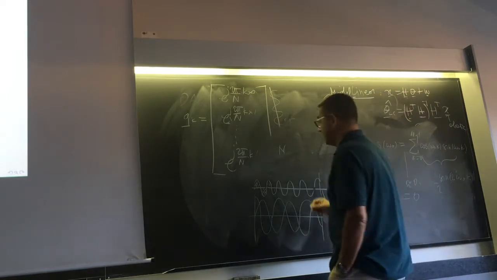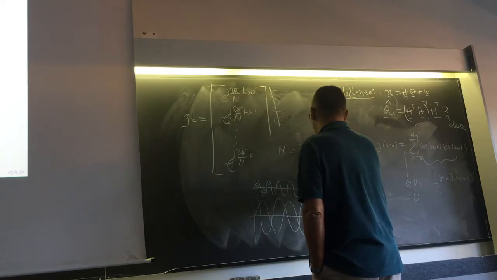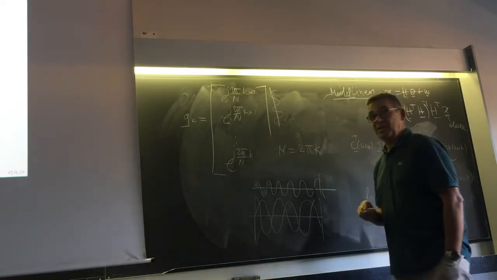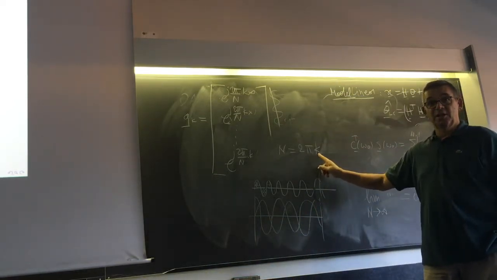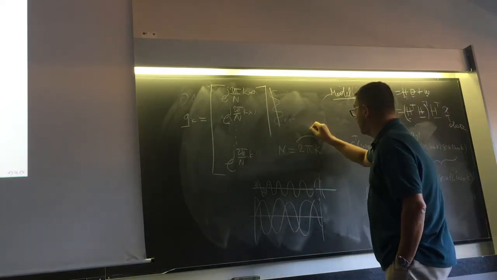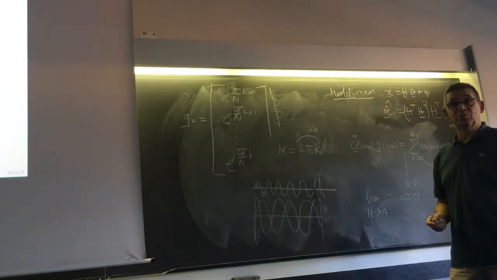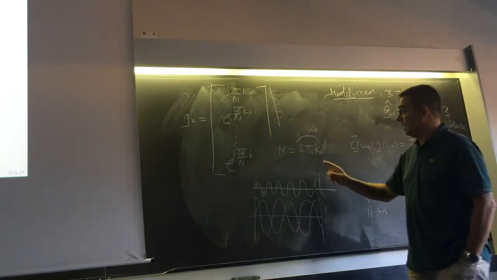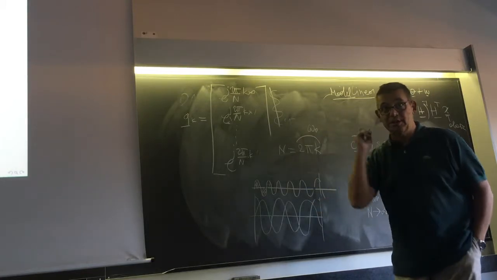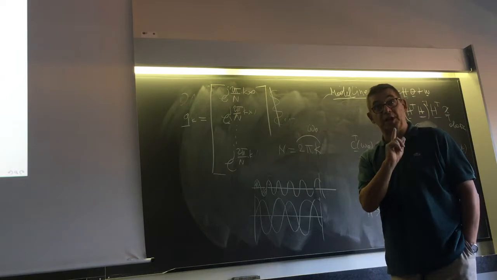So that one is 2 pi multiplied by k, where k is an integer. So if omega 0 is such that it is 2 pi divided by n times an integer, then in this case I have a perfect orthogonality.